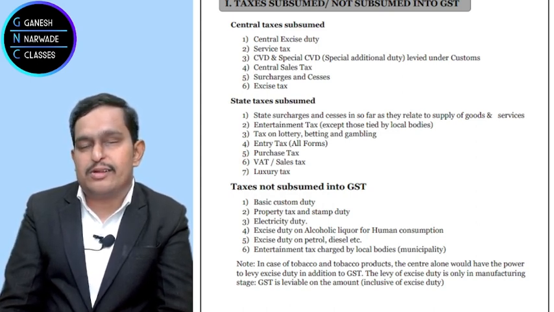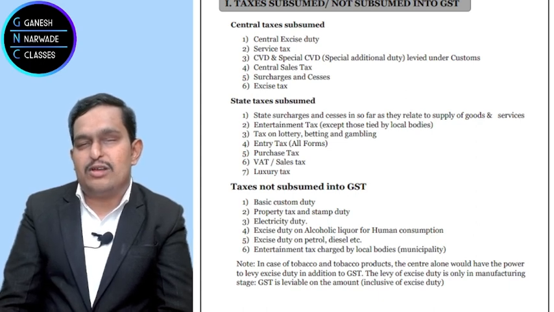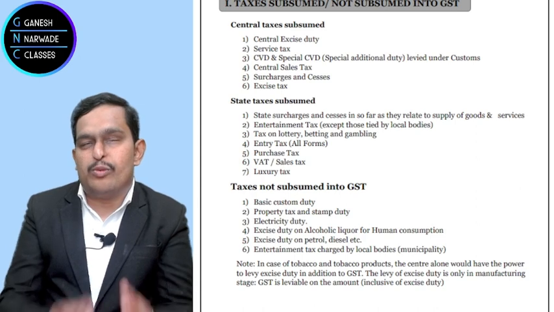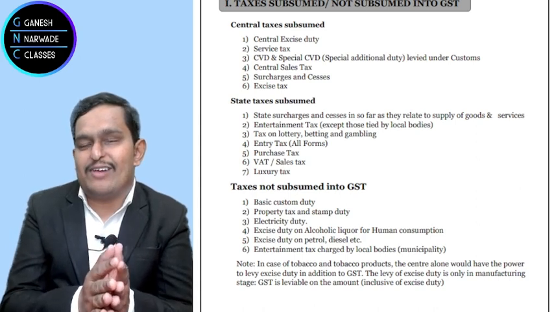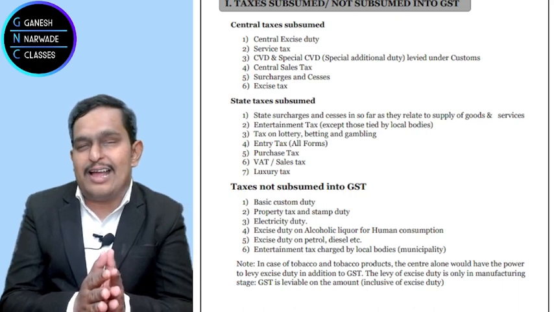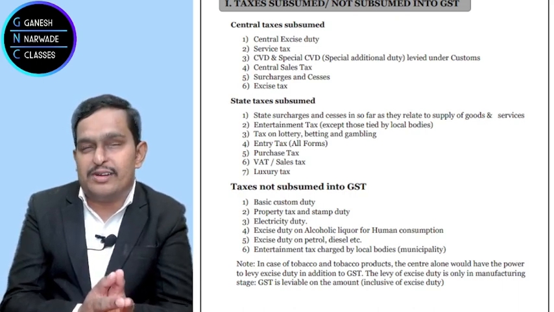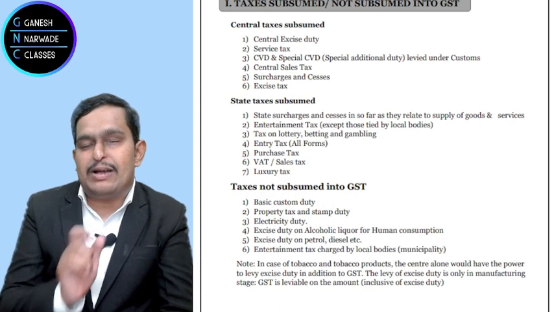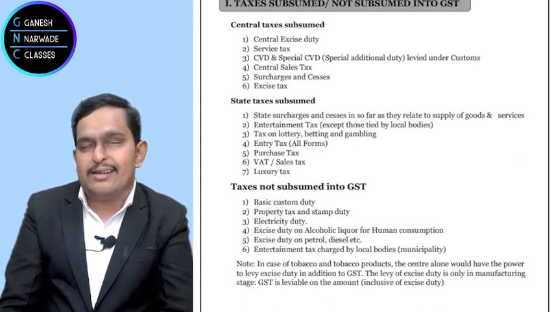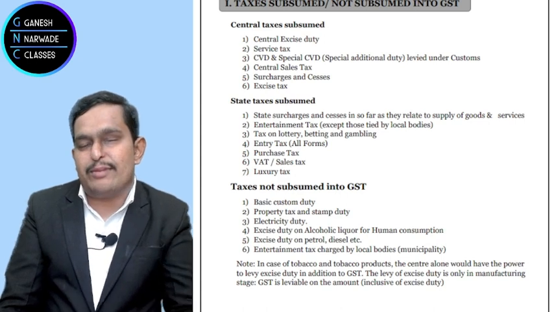Now let's come to the state government. The state government was levying tax on entertainment. Like when you book movie tickets, entertainment tax was paid. That entertainment tax is removed. Luxury tax on luxury goods is removed. But local authorities are still there, no? Municipalities can levy entertainment tax.